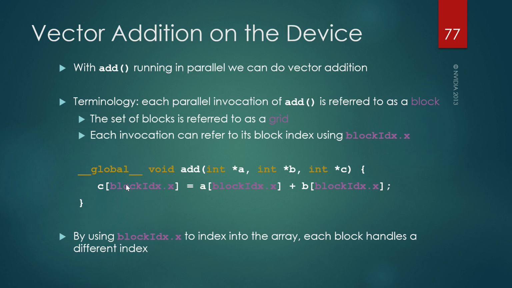So assuming that you have 4 different blocks or n different blocks, this x will go from 0 to n minus 1. So c sub 0 is going to be equal to a, so the first element of this vector, added to the first element of this vector goes into the result of the first element of that vector.